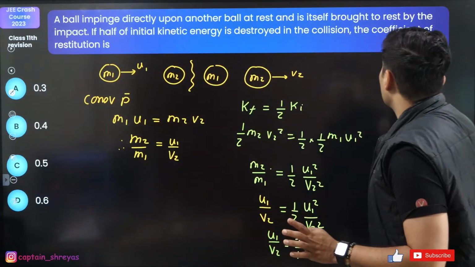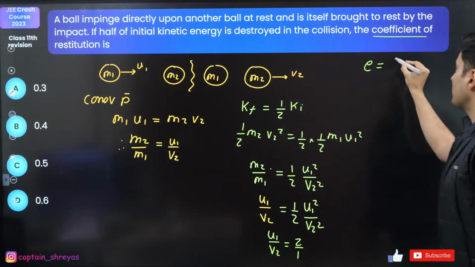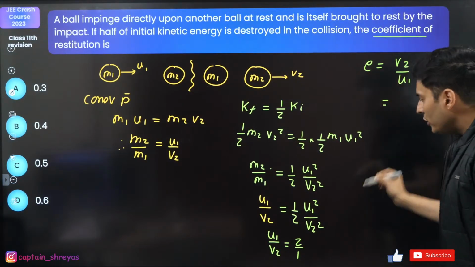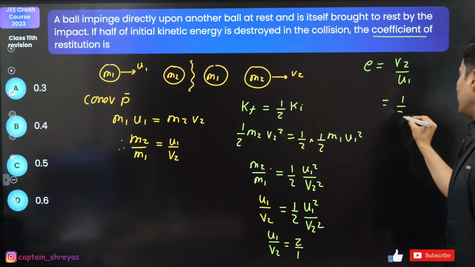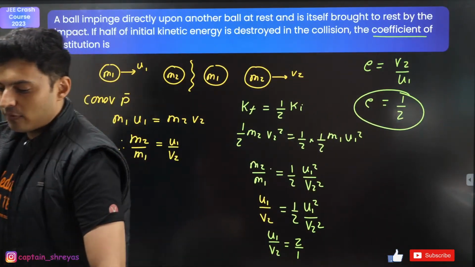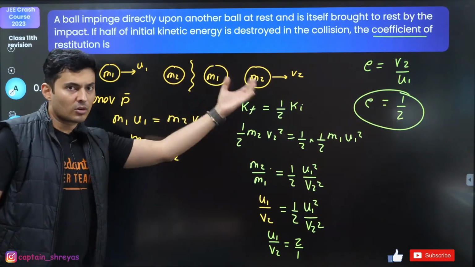Now see what the question is. The question is, what is the coefficient of restitution? E is speed of separation, which is V2, upon speed of approach, which is basically U1. So V2 by U1 will be 1 by 2. Hence the value of E is half. See if it makes sense. First thing was drawing the diagram.